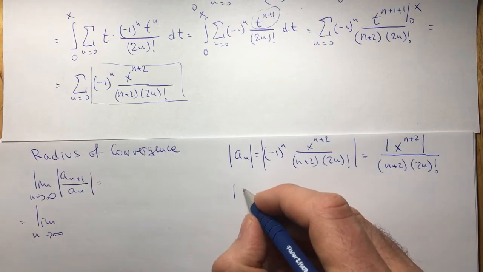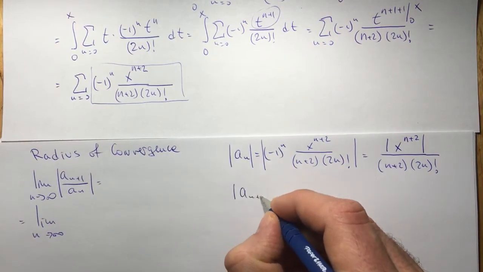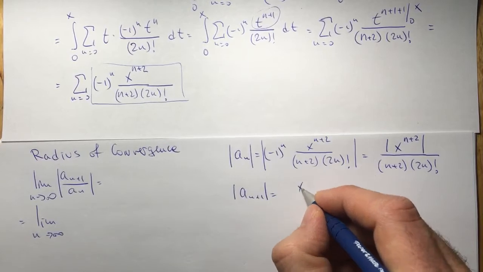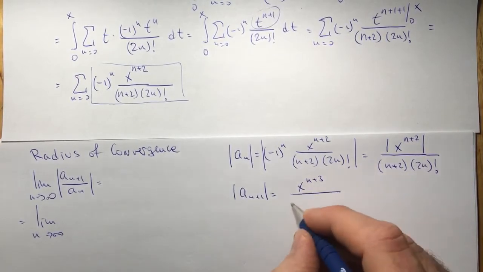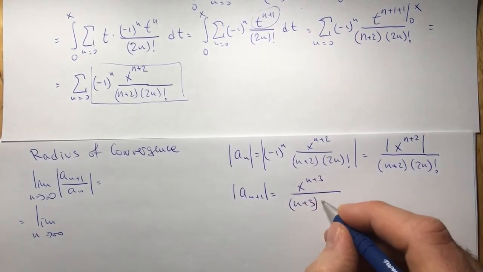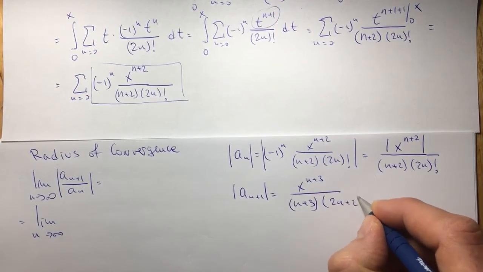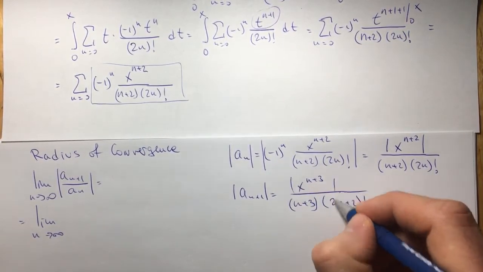The absolute value of a_{n+1} in this case is going to be x^(n+3) over (n+3)(2n+2)!.